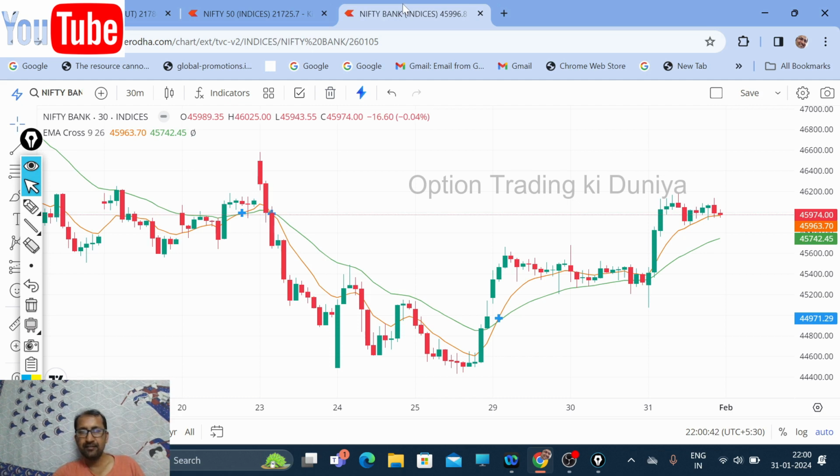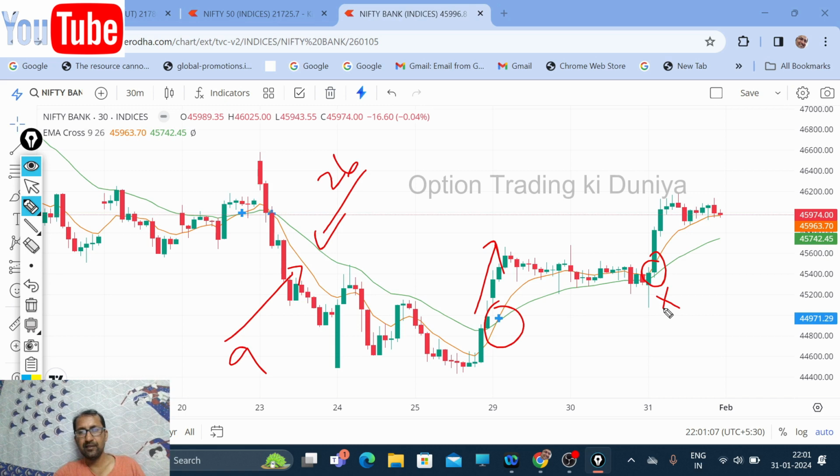So even this EMA cross, one EMA which is in pink color is indicating the 9-day, and whatever is in green color is indicating the 26th day. So you can see one crossover here. There is an up move. There is no crossover here, so it did not give a signal, but there is an up move.